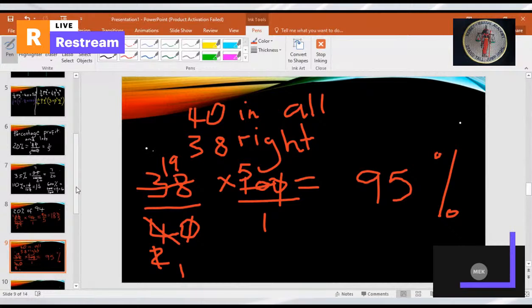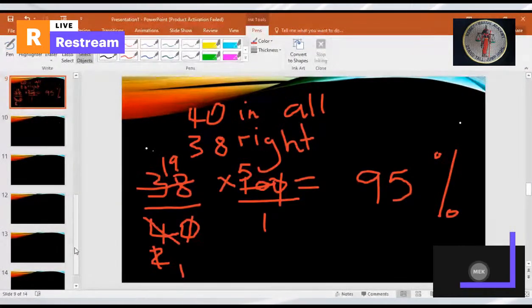And if you're asked one quantity as a percent of the other, this is how you do it as well. So in this case, it would be expressing 38 as a percentage of the full 40. So we put the 38 over 40 times 100.